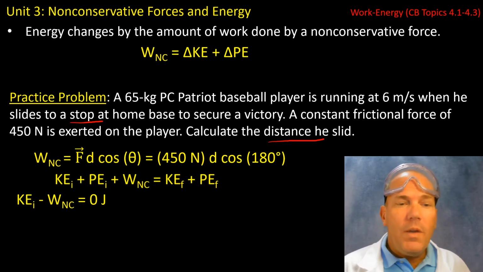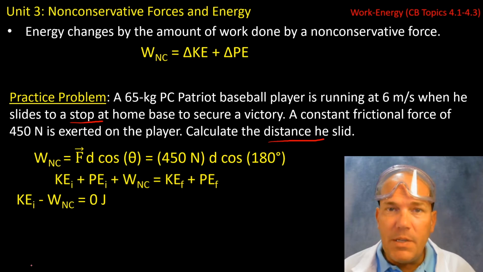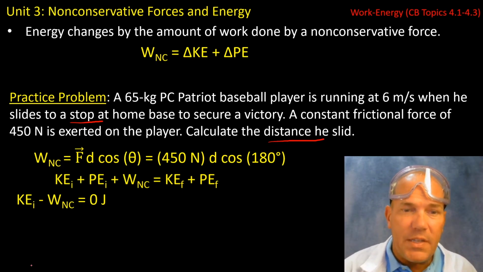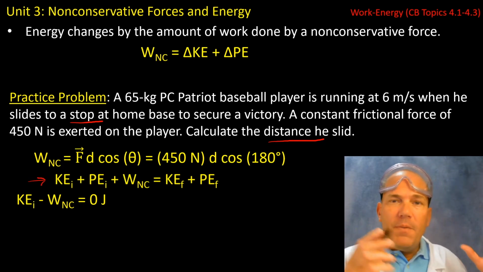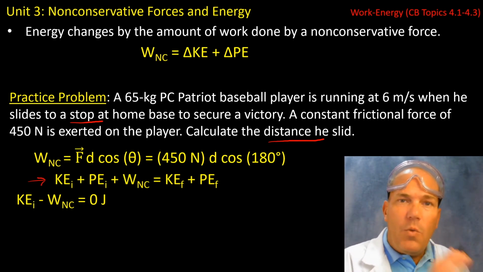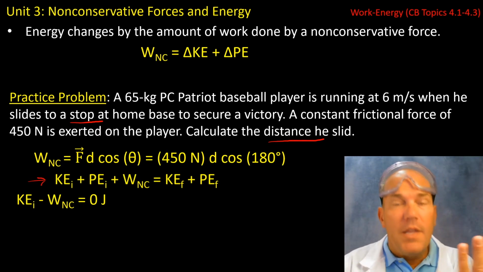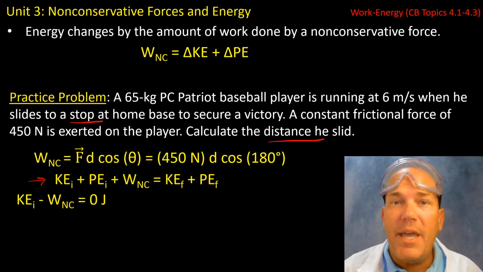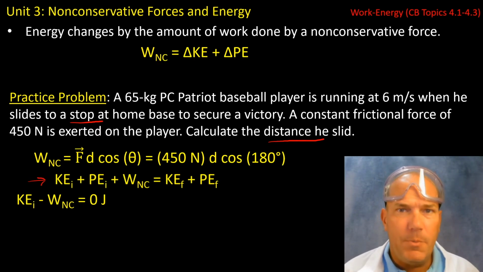So I'm going to go through and show you how I got this equation here. It's real simple, and I'm going to always do this in class. With reference to our equation here, for our initial quantities, is there kinetic energy? Of course, the player is running, the player has mass. Is there potential energy? Is there a spring?